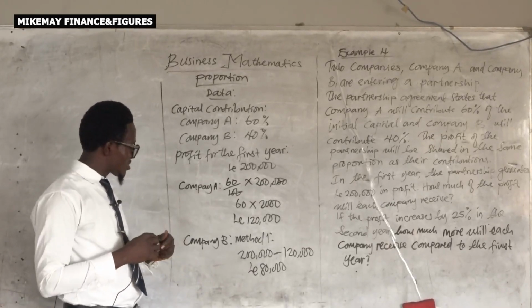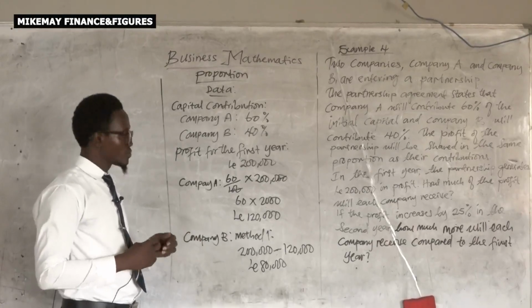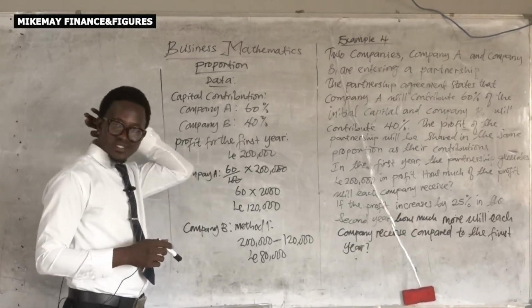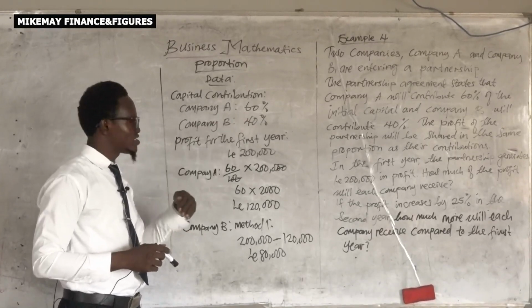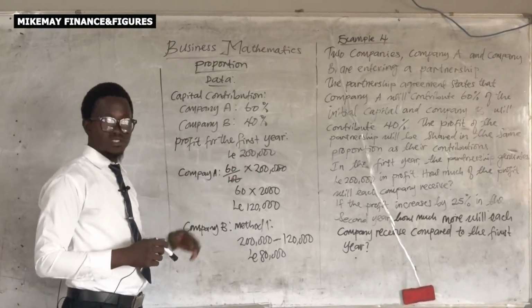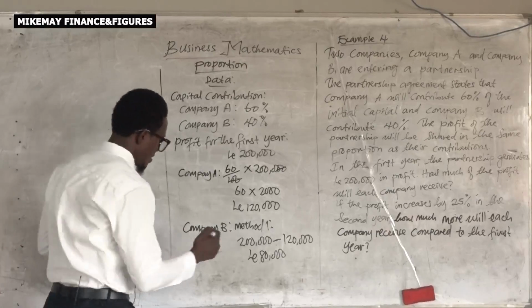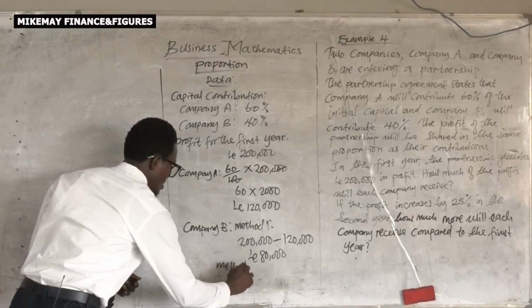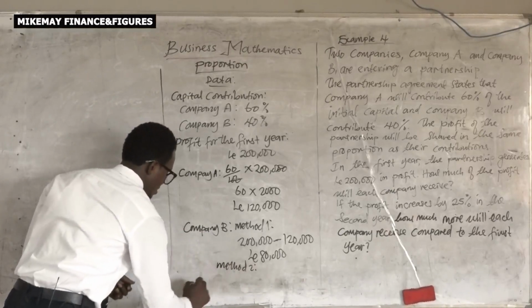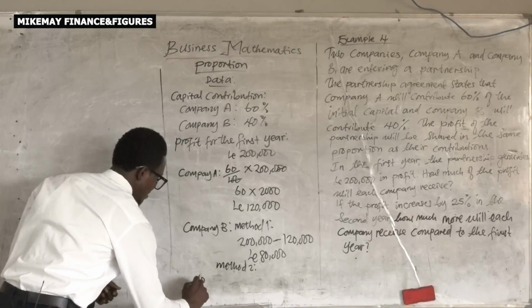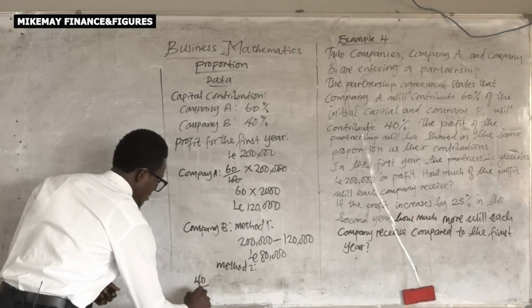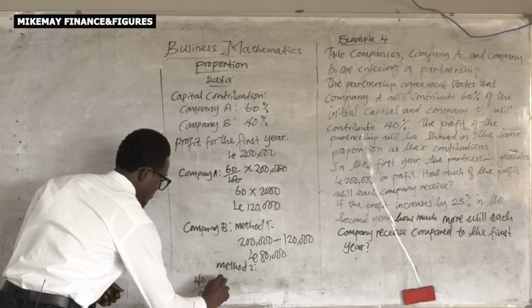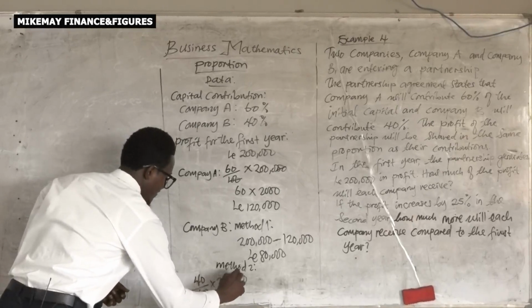So how do we work it out using method 2? It is by just expressing this. Charge this percentage given on the amount generated as profit. So, method 2 is to charge the 40% on the amount generated as profit.